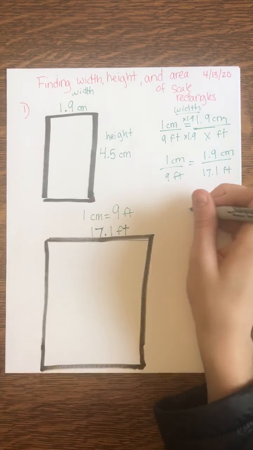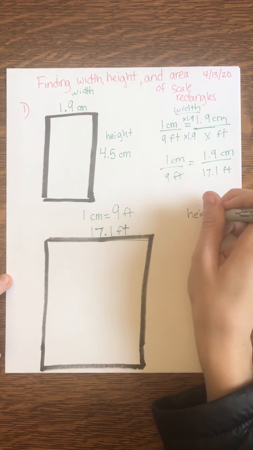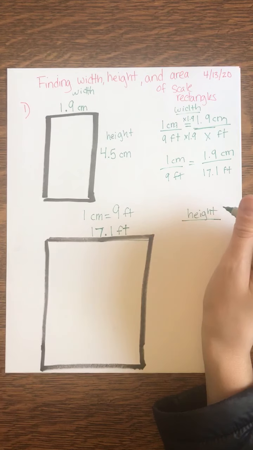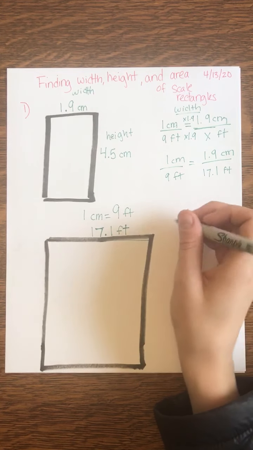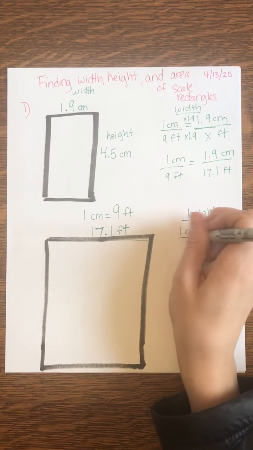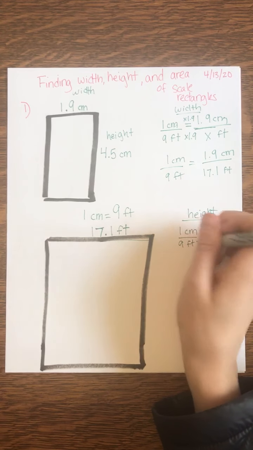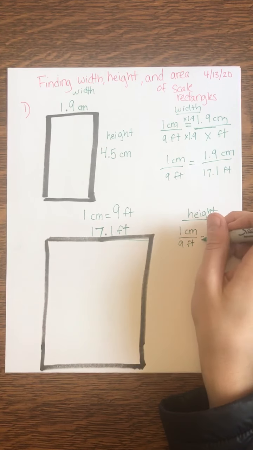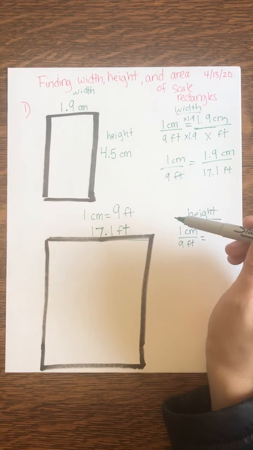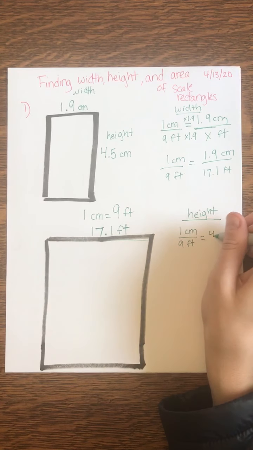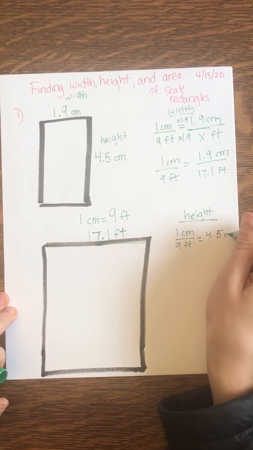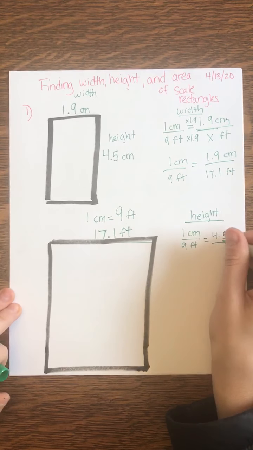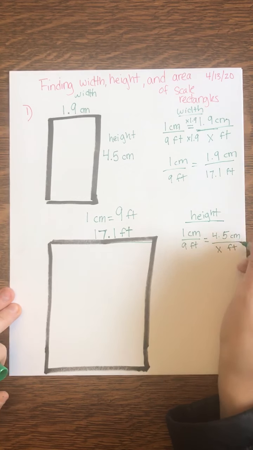Now I want to find the height of my really large rectangle, and I'm given my model to help me solve. Again, I'm going to use the proportion given. 1 centimeter is equal to 9 feet. My height given on my model is 4.5 centimeters. Therefore, my feet is x feet.